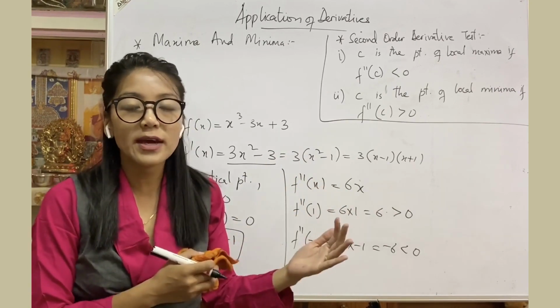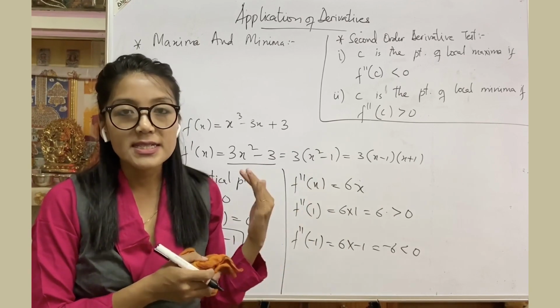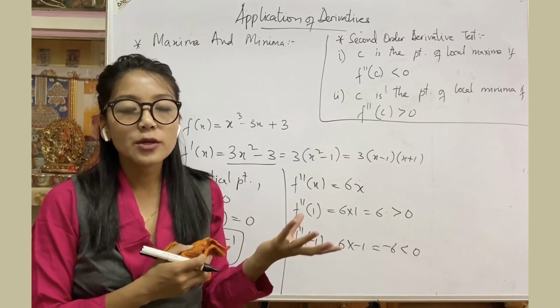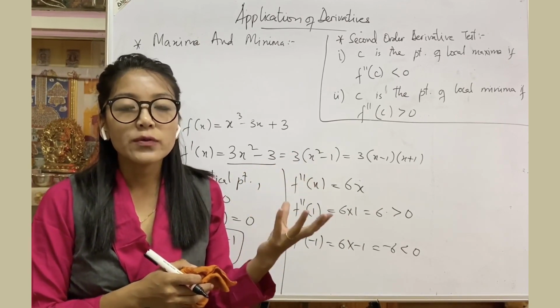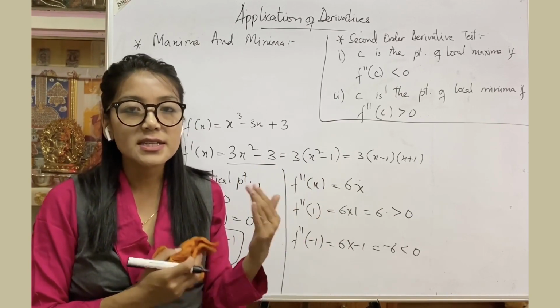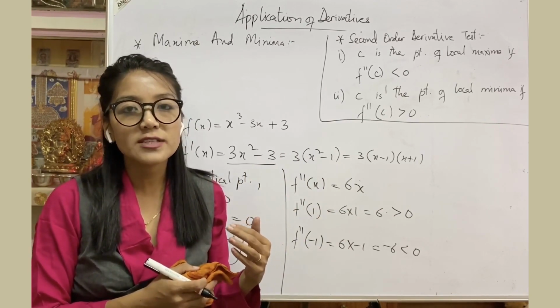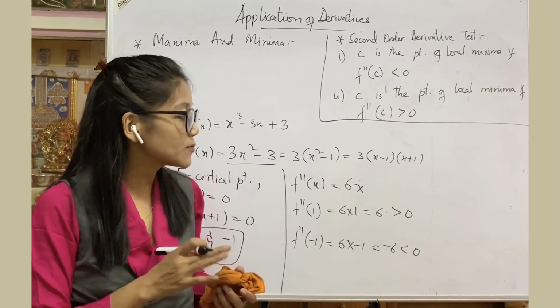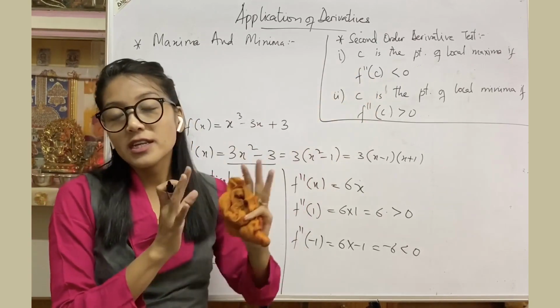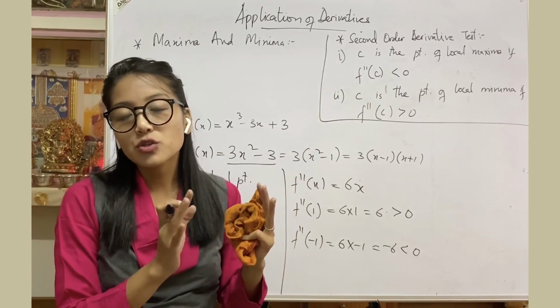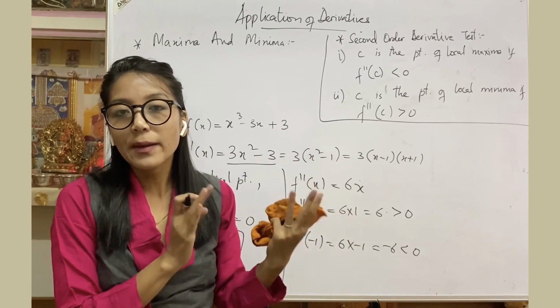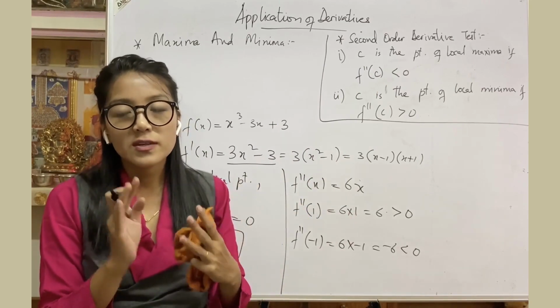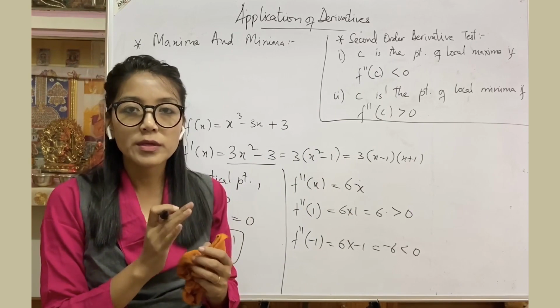So you have to apply the first derivative test. Is that clear? That's why I was telling you to be thorough with the first order derivative test, because in some cases the second order derivative test is not applicable. The first order derivative test is kind of a backup. So you remember these two.